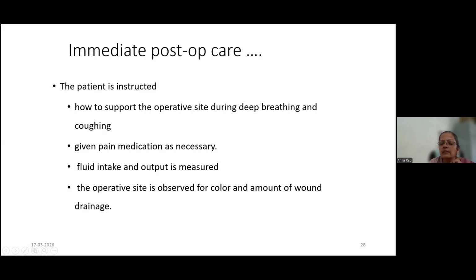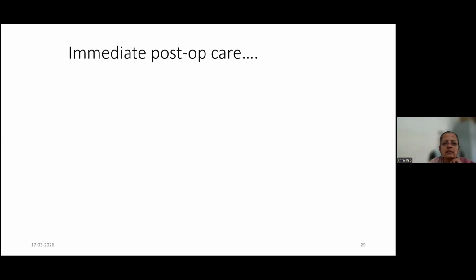Right? In the beginning, there will be oozing from the peristomal side also, that is normal. But as the stoma heals, the peristomal skin will heal, and the peristomal secretions will also reduce. Okay, so that is the same.